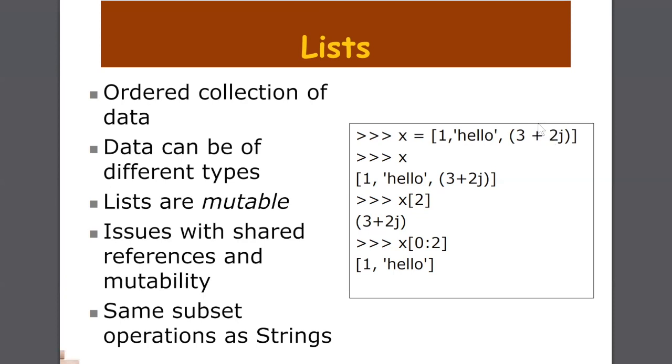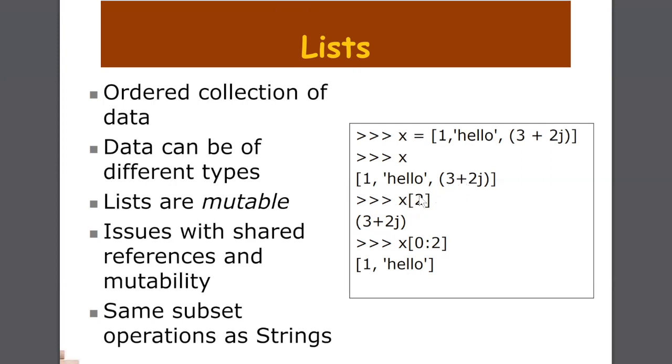So lists in Python are mutable, which means you can add to the list, you can remove items from the list. So you can basically change the size of the list, right? So you can see here when we do x with the square brackets, this is the notation to access a certain element within the list.